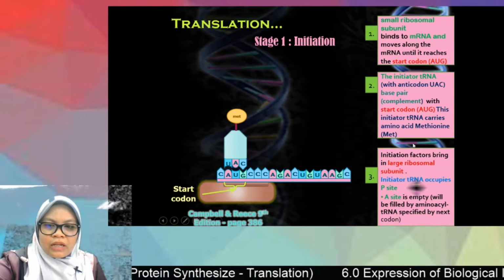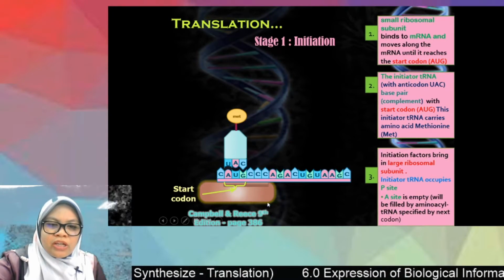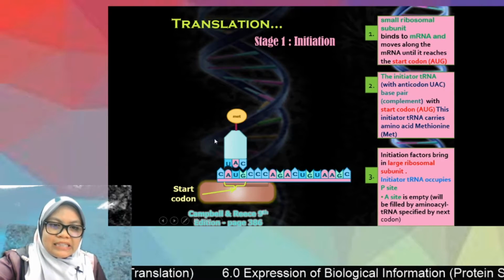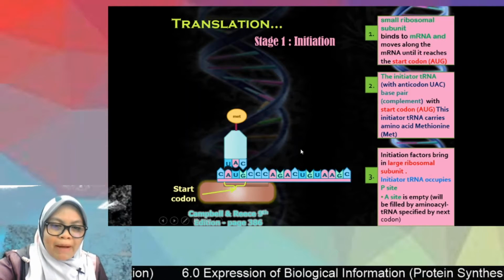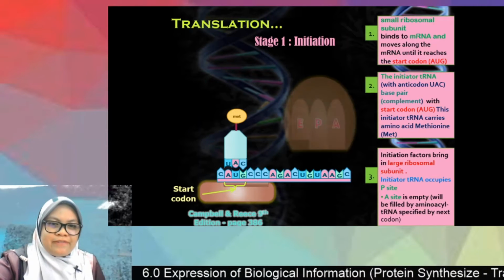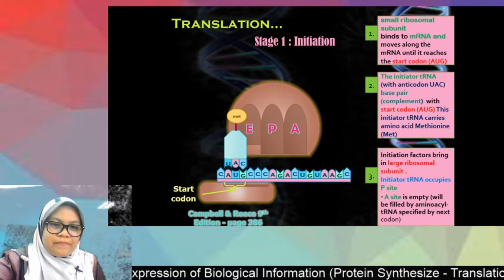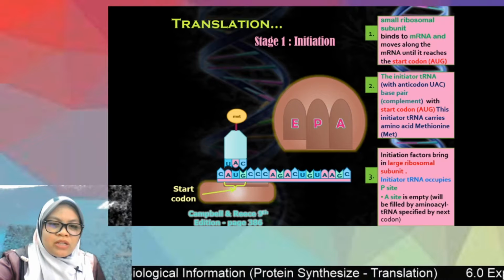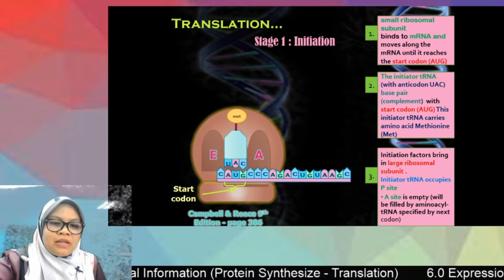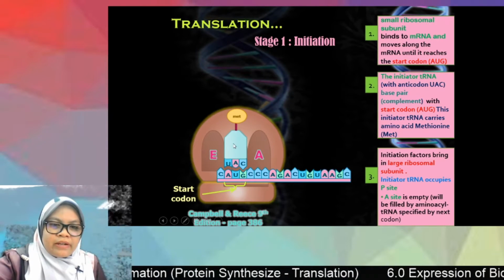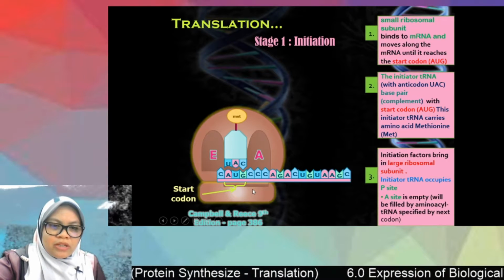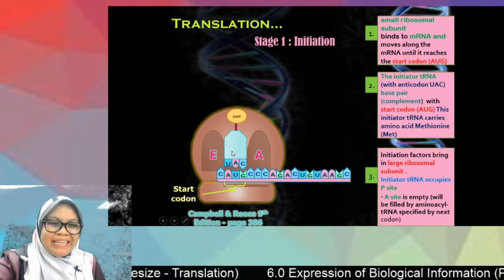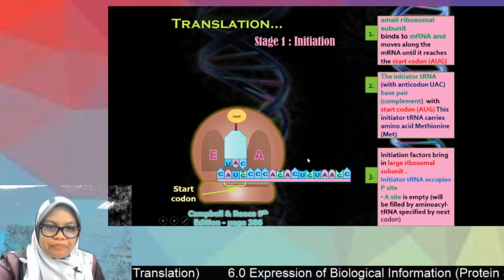Next, the large ribosomal subunit will bind to the complex of tRNA, mRNA and small ribosomal subunit, and the initiator tRNA will occupy the P site.